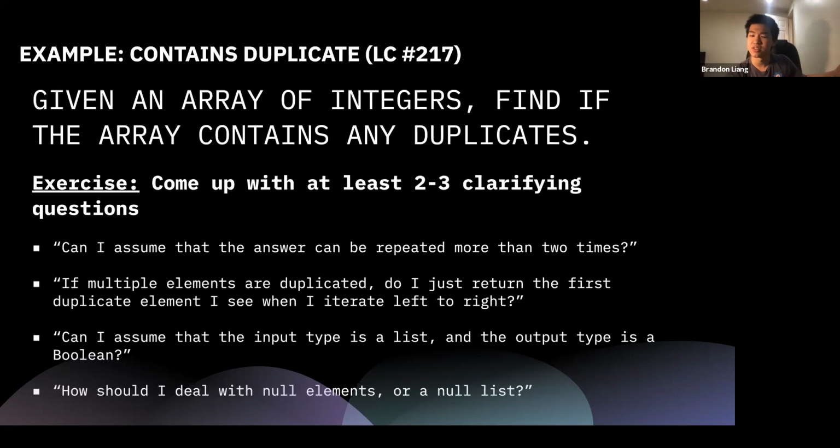The input type is a list and the output type is a Boolean, right? How about null elements or just a null list altogether? These are all examples of clarifying questions you should ask. And even if the answer seems obvious, just by asking these, you'll show the interviewer that you've thought about the problem thoughtfully, and that looks really good.